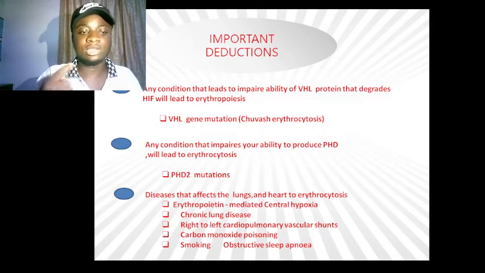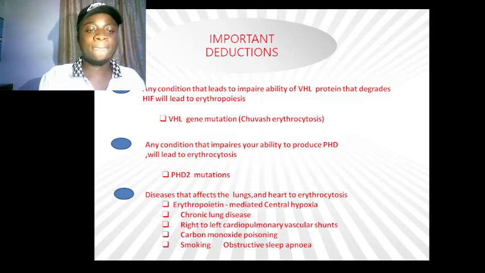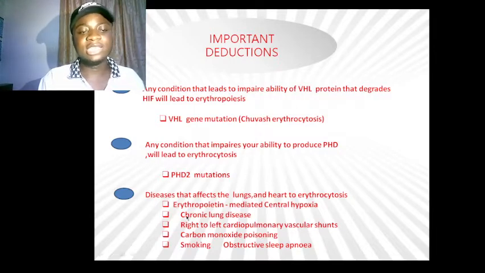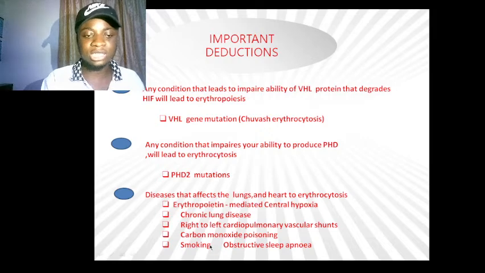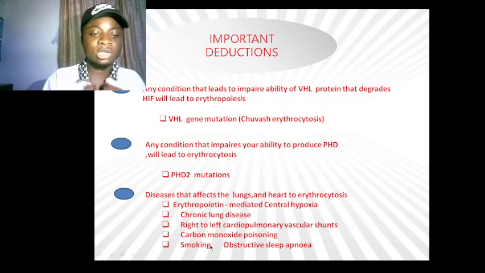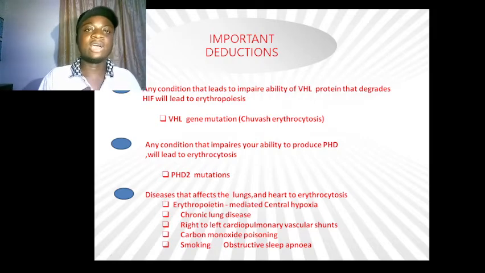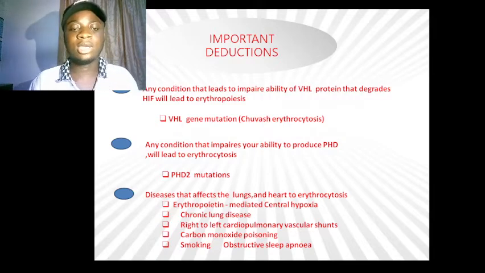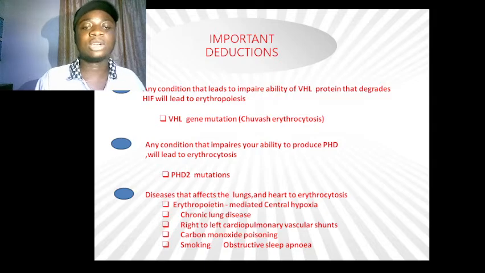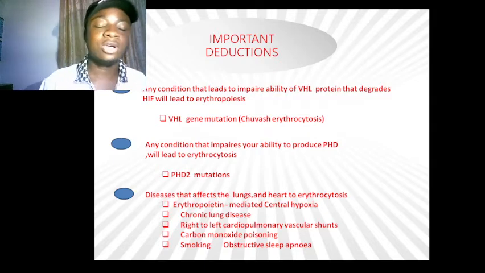Conditions like PHD2 mutation can lead to that. And any disease that affects the lungs and the heart, which I spoke about: chronic lung diseases, carbon monoxide poisoning, heavy smoking, emphysema, pericarditis, can lead to hypoxia, which can cause excess production of RBC.